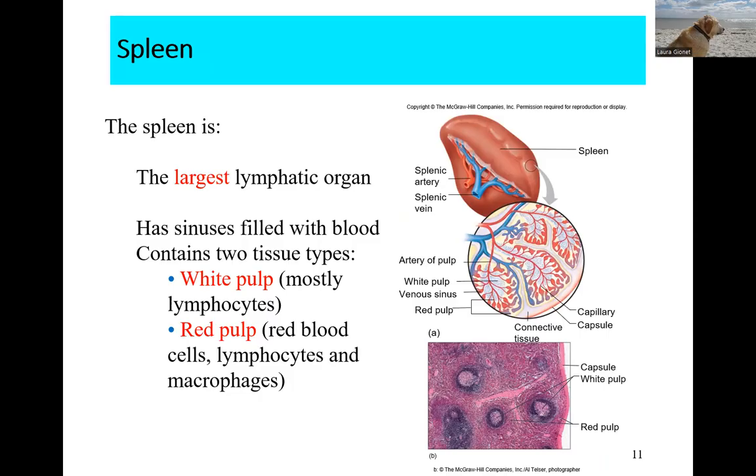All arteries, those muscular arteries that transport blood into organs, will branch off to a smaller, and ultimately the smallest capillary bed. It happens in every single organ.